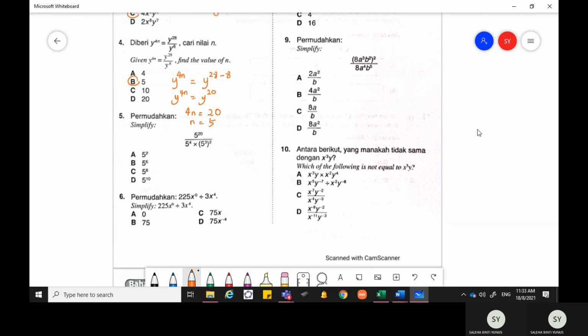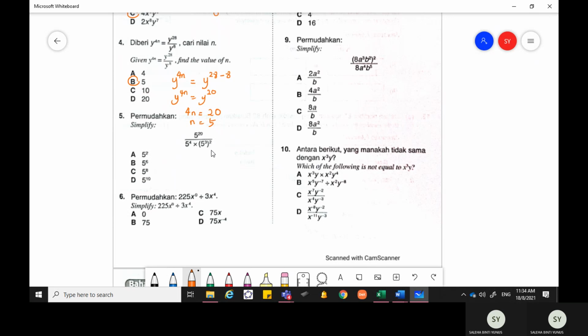Okay, so previously, kalau kita tengok base kita semua dalam bentuk unknown. Sekarang base kita in terms of number 5. Jadi konsep yang sama. Kalau darab kita tambah, kalau bahagi kita tolak. So dekat sini kita ada bracket. Ni kita ada power rule. Kita ada power and then kita ada power lagi.